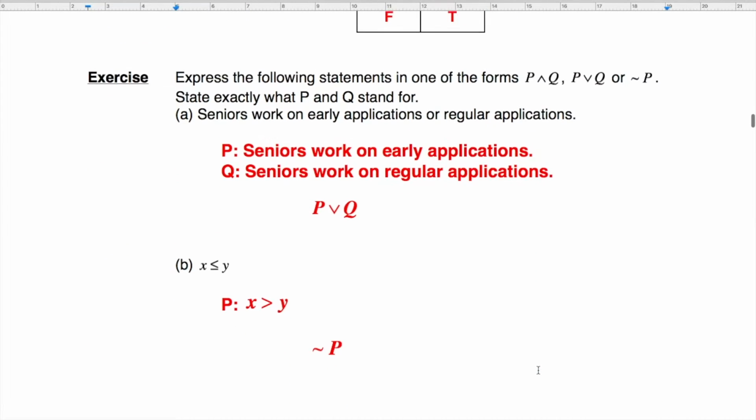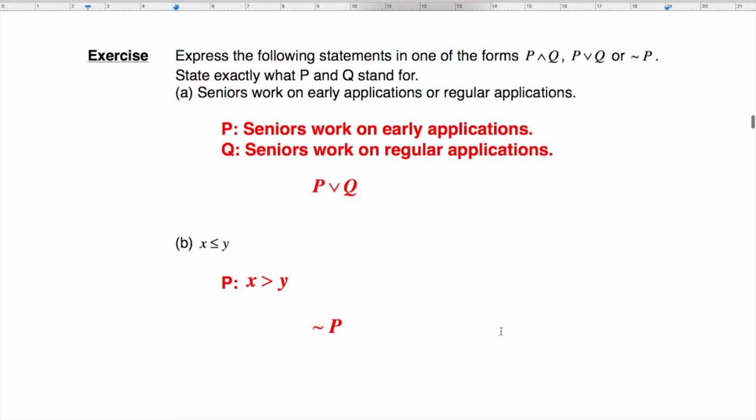So finally, if we want to break down statements into their elemental statements, their original statements, there are sometimes many ways of doing that. We'll see how it works. Express the following statements in one of the forms P and Q, P or Q, or not P. State exactly what P and Q stand for. Example 1: Seniors work on early applications or regular applications.